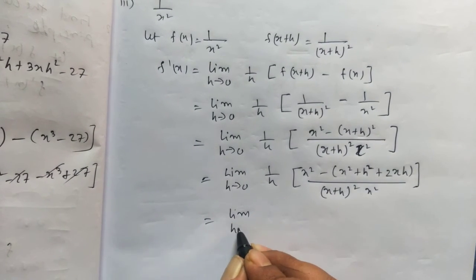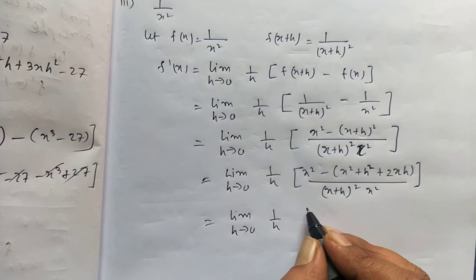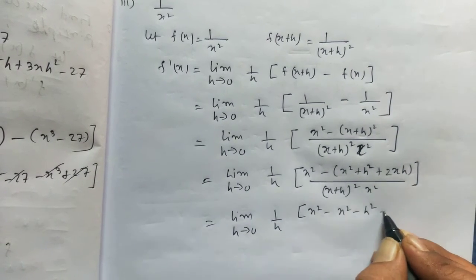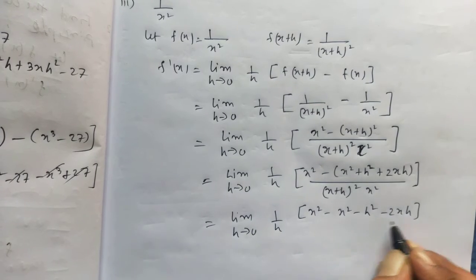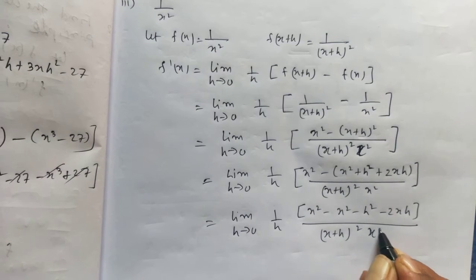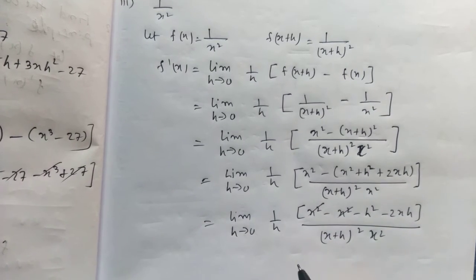Limit h tends to 0, 1/h. Remove the bracket. x² - h² - 2xh. x² minus x² cancel.